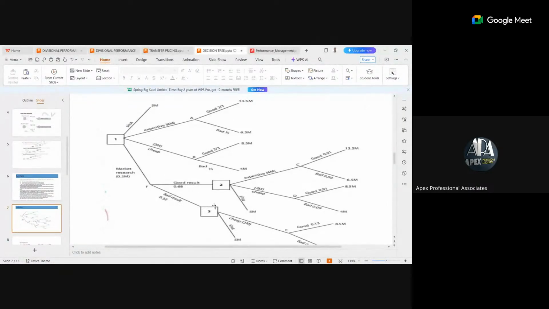When it is bad, which is the third decision you make, the probability is 0.32. So what decision do you have to make when the outcome of the research is bad? Either you go with a cheap refurbishment or you shut down. Somebody will ask me, why are we not having expensive here? I've already explained that at the tail end of the question, that when it is a poor result, they decided to go with the cheap refurbishment.